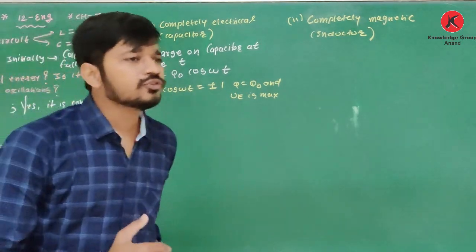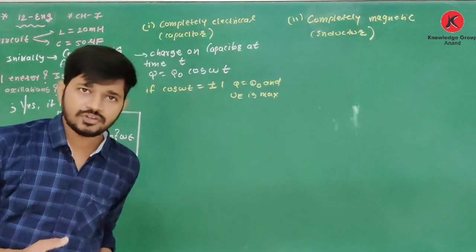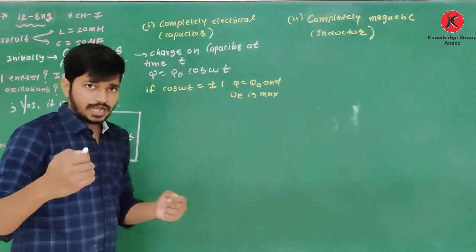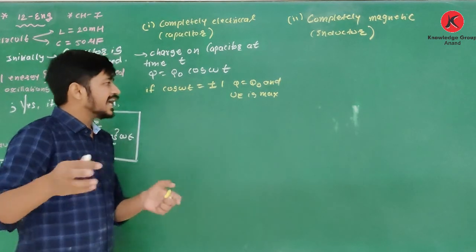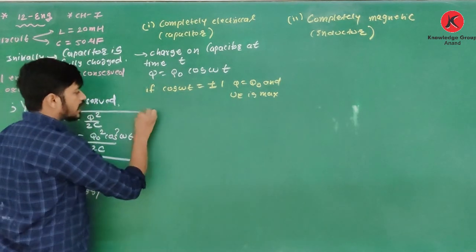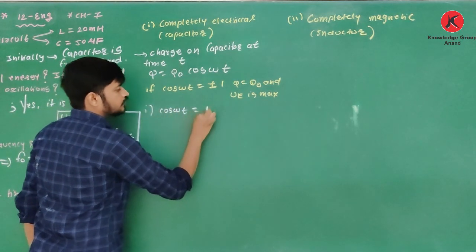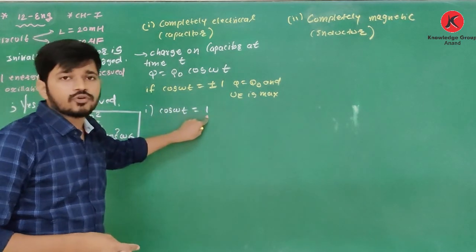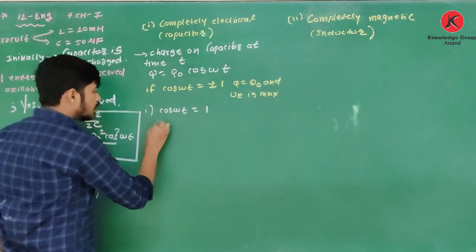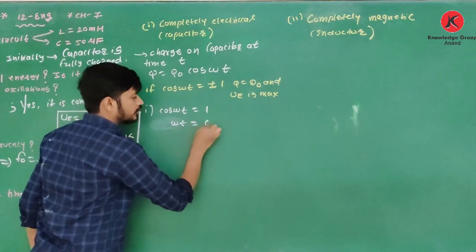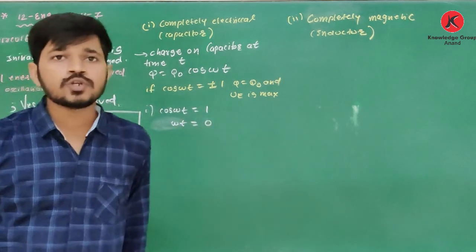See, if you do not know the general equation, then you have to put simple values. I know actually, but I'm pretending I don't know. First of all, I'm taking cos omega t equal to 1. So omega t is equal to 0, because cos 0 is equal to 1.